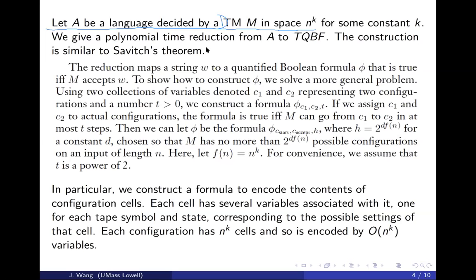Then we're going to reduce A to TQBF. The construction is similar to Savitch's theorem that we talked about last time: how do we use a deterministic Turing machine to simulate a non-deterministic Turing machine using quadratic space? So this is similar.